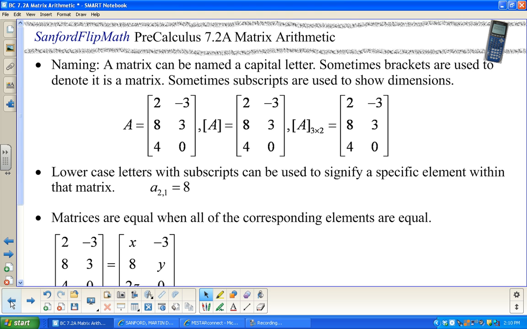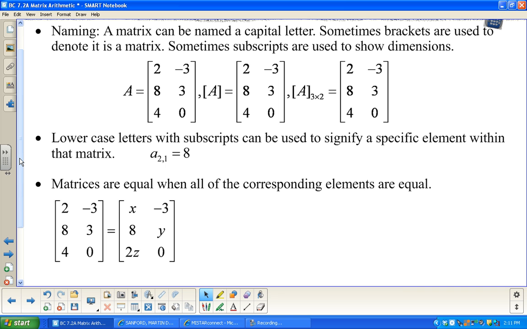There we go. Yes. You can name a matrix with a capital letter. So we could call this matrix A. Sometimes people put little brackets around the capital letter to make sure it's very clear that it's a matrix. So this is still matrix A. And sometimes you'll see people do the brackets with or without the brackets and put the dimensions there.